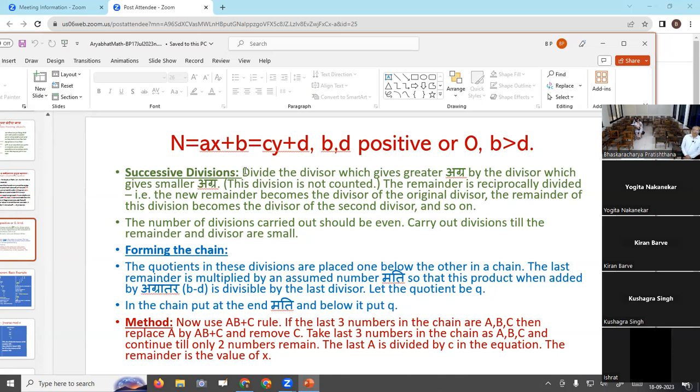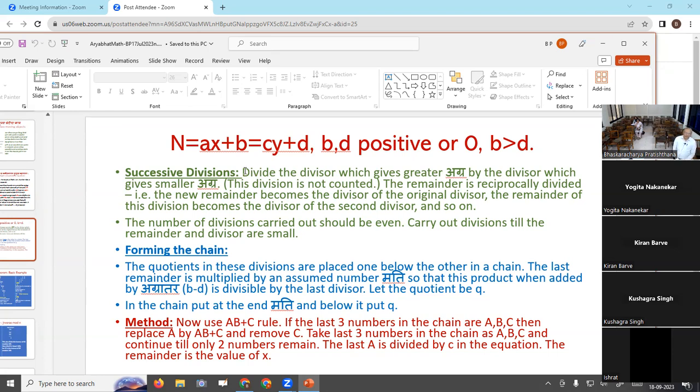Carry out divisions till the remainder and divisor are small. So this explains where you should stop: at an even number of divisions, but when the divisors and remainders are small, at that place you can stop.